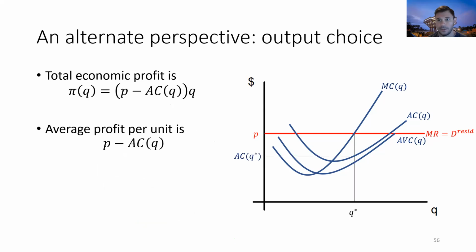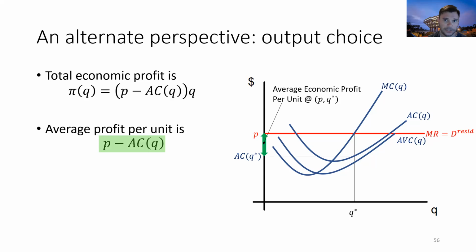Now, my question is, are we making a positive amount of profit per unit or not? Okay, good. A lot of folks are saying, yes, we definitely are because P is above AC. So that is the average profit per unit.